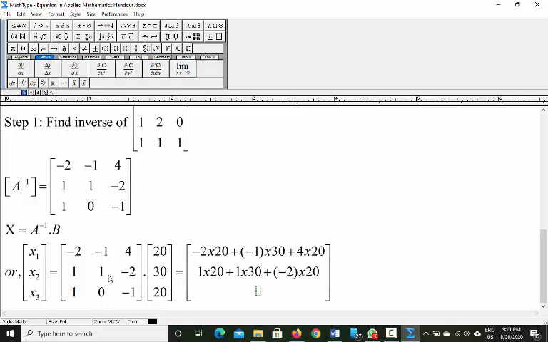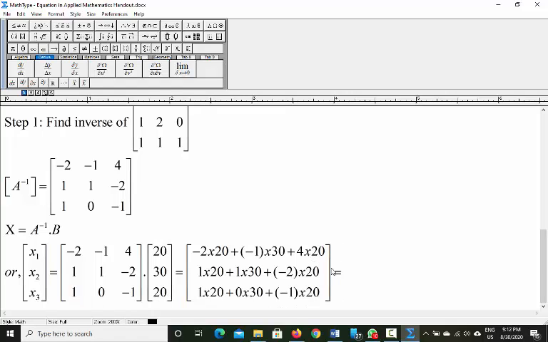Correct. Now let us move to the third row and multiply it with the first column. We get 1 multiplied by 20, plus 0 multiplied by 30, plus minus 1 multiplied by 20.